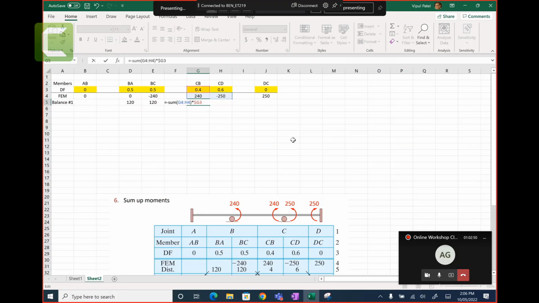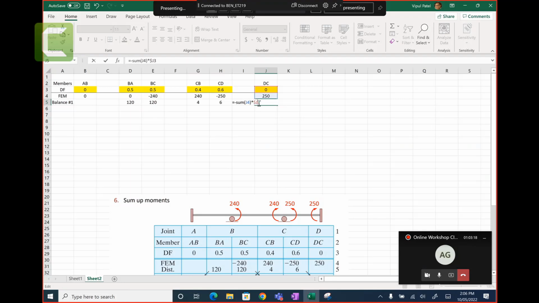We need to lock because we're going to multiply these many times, and equal to minus sum times by distribution factors, and equal to minus sum this distribution factors.